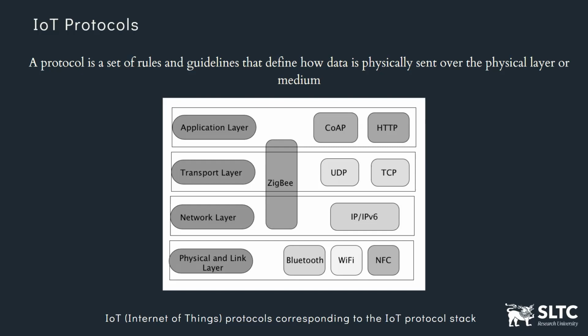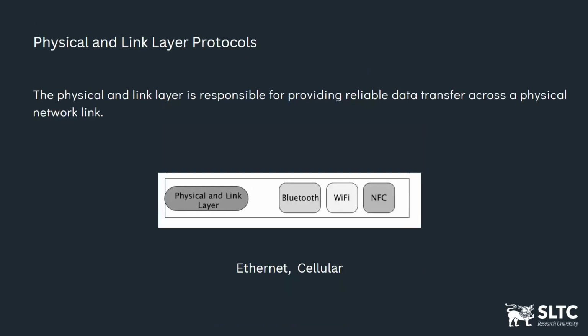And then the transport layer basically uses the UDP and TCP protocols. And then we have the application layer protocols. So we have MQTT, COAP, HTTP protocols. And there's the ZigBee protocol, which goes through multiple layers. So likewise, these are examples of IoT protocols that are commonly used in IoT networks.